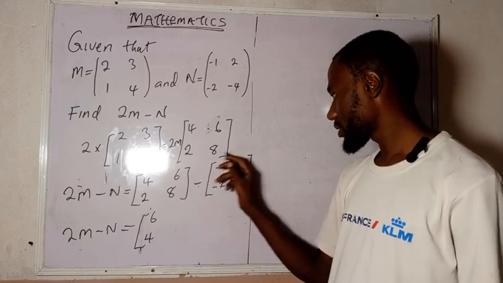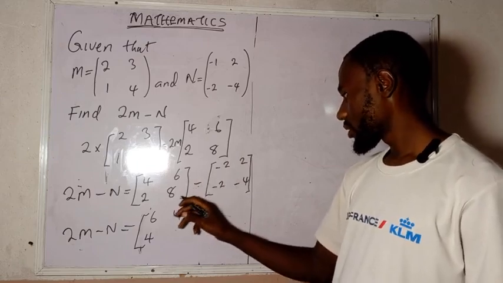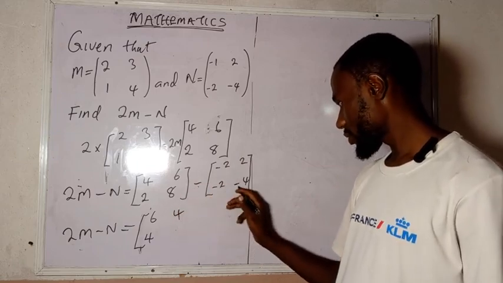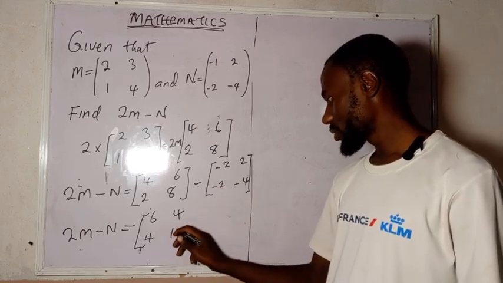Then 6 minus 2 is 4, and 8 minus 4 is 12, wait, here will be 12.